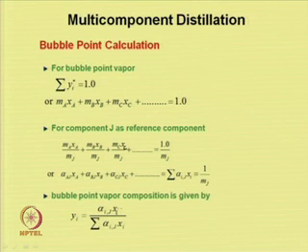The bubble point vapor composition can be calculated: y i would be equal to alpha i j x i divided by summation over alpha i j x i.